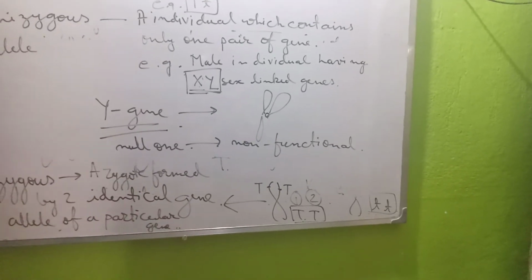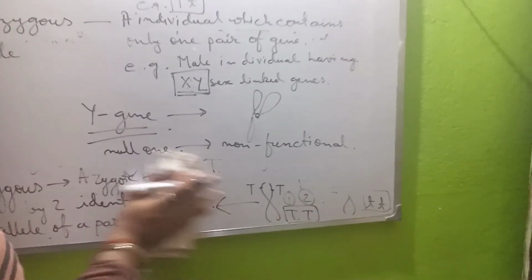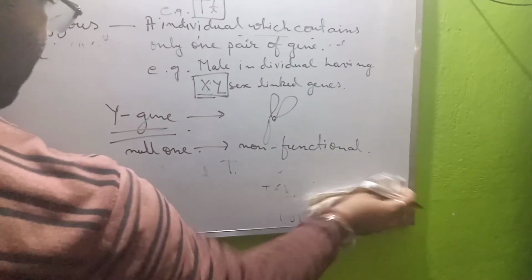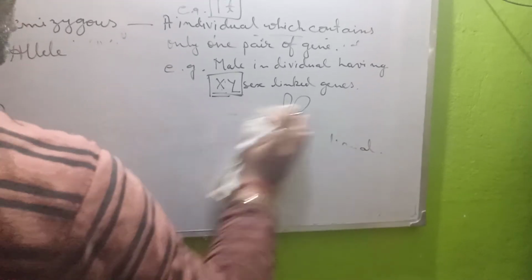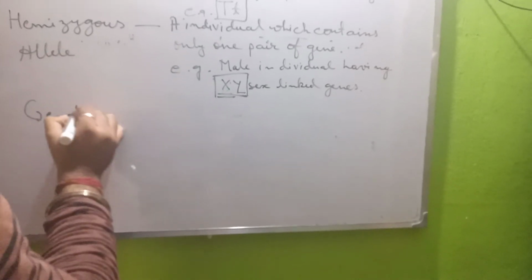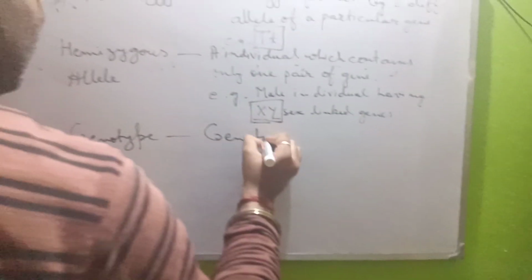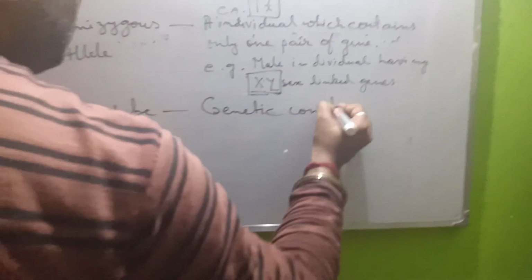Now apart from this, we can also say that genotype, this is another definition, is the genetic constitution of an organism.